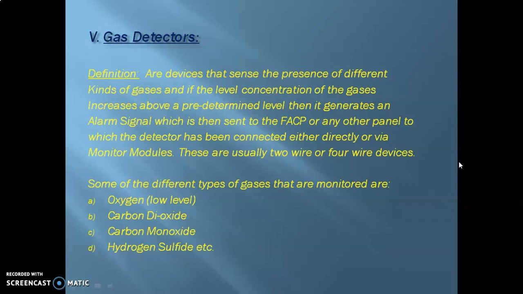These detectors can be connected either directly or via monitor modules to the panels. They are usually either 2-wire or 4-wire devices. Some of the different types of gases commonly monitored by gas detectors are as follows: A. Oxygen for low level, B. Carbon dioxide, C. Carbon monoxide, D. Hydrogen sulfide, and so on.